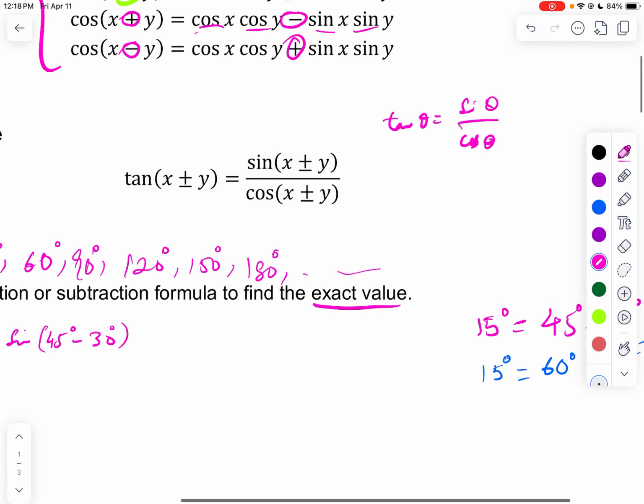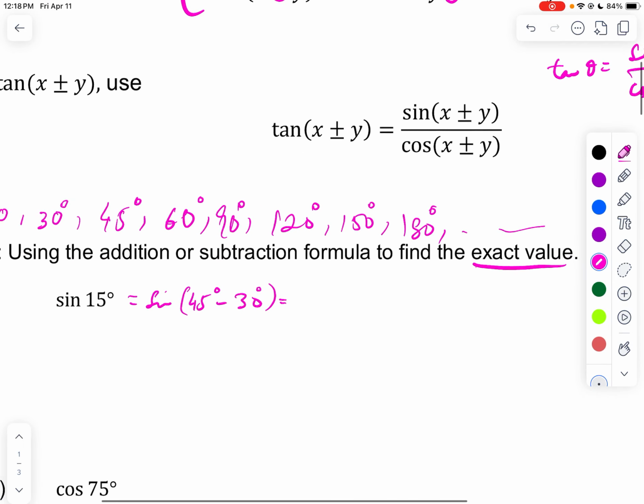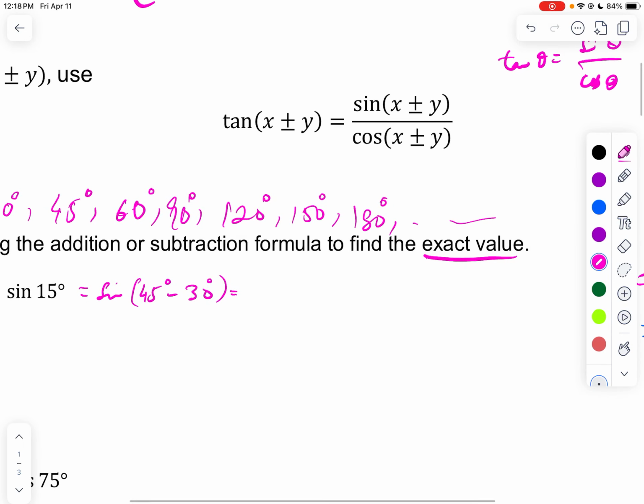Now I will apply the difference formula for sine of x minus y. So my x is 45, y is 30. According to the formula, I'll get sine of 45 times cosine of 30 minus cosine of 45 times sine of 30. Now we know the values, so we can plug them in.